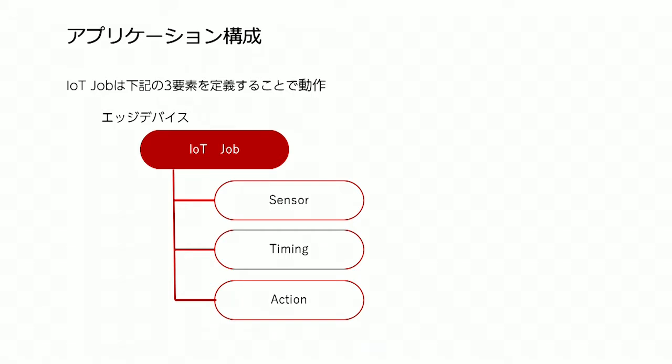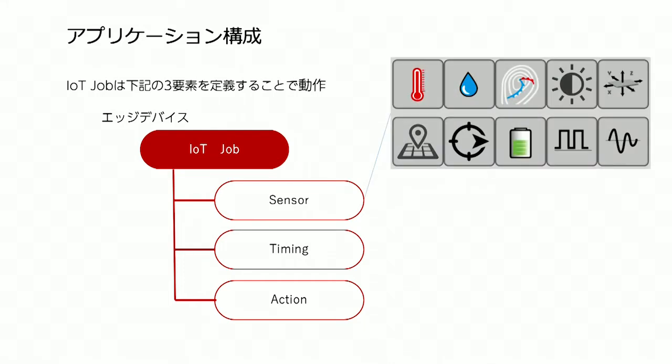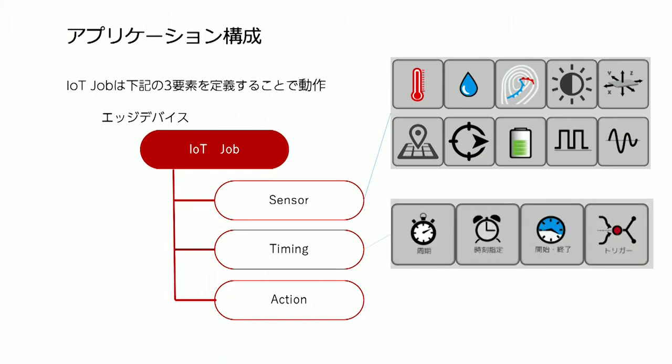And as for the application structure, to run the IoT job, we need the 3 components: sensor, timing, action. So as you see on the top right, you select the sensor. This is the pressure, and also acceleration, direction, and the battery, whatever.